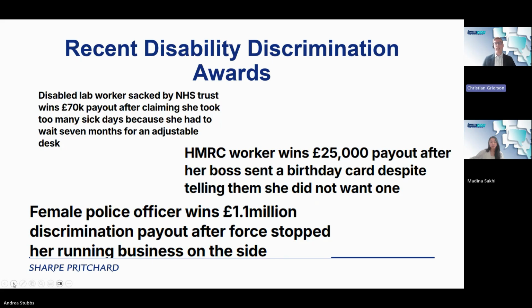That is a particularly exceptional case, but disability discrimination is definitely the highest area of risk when defending a tribunal claim, because it is just so difficult to get right. And as we're seeing in these headlines, there is a real risk of a sizable award. Cav, next slide, please.